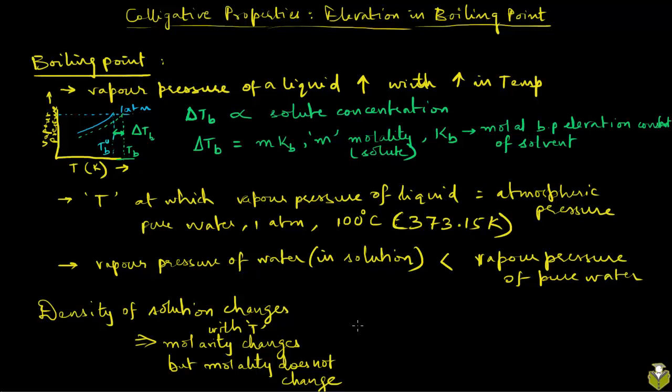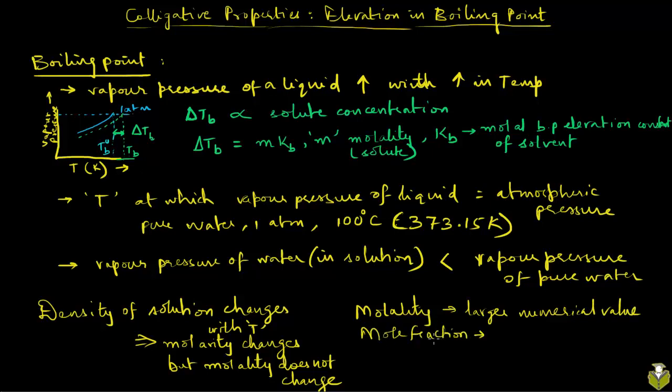Secondly, one could have used mole fraction, right? And both molality and mole fraction are in fact proportional for relatively dilute solutions. But molality has a larger numerical value because you're just calculating number of moles per 1 kg of the solvent. But mole fraction, looking at relatively dilute solutions, can only take values from 0 to 1. So you might end up with a lot of zeros.